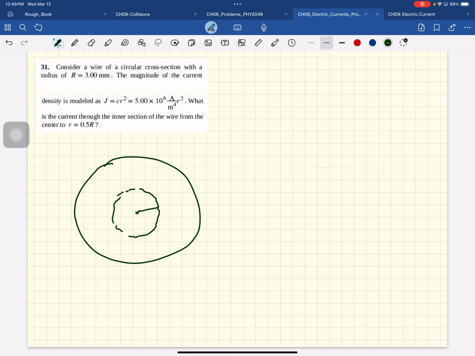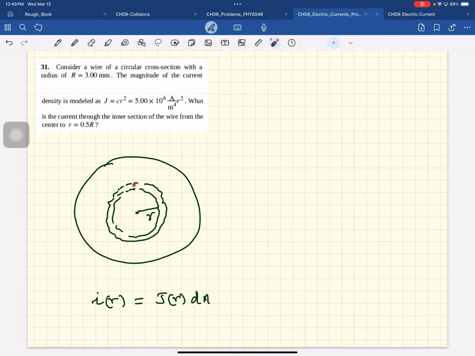If you're R distance away, the current density in this little ring is CR squared. So the current through this ring is the density times the area of this ring. So the current flowing at distance R is the density times d area.